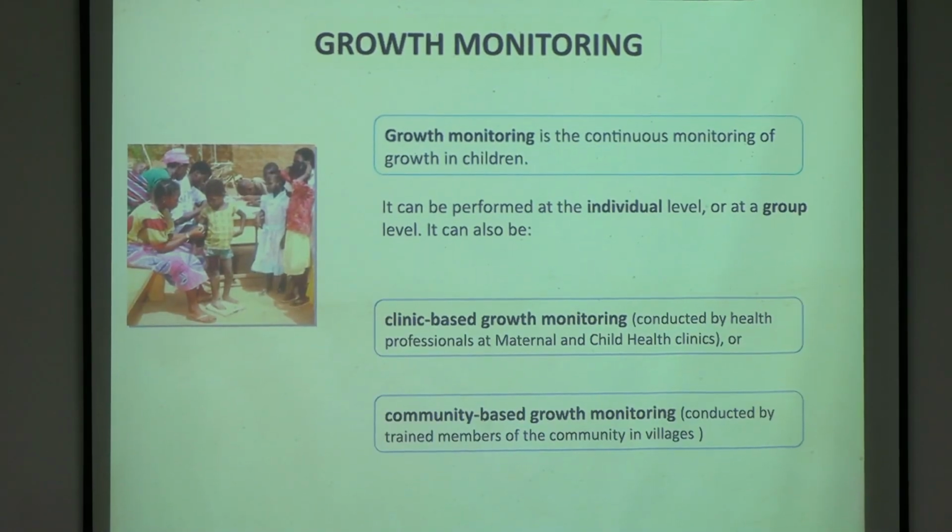Now growth monitoring is individual, एक सिंगल का करेंगे. And growth monitoring, the main purpose of growth monitoring is to educate the mother, to educate the guardian, family member. You are taking the growth chart and you are taking the weight, and you can check that this child is not growing up to his or her age.